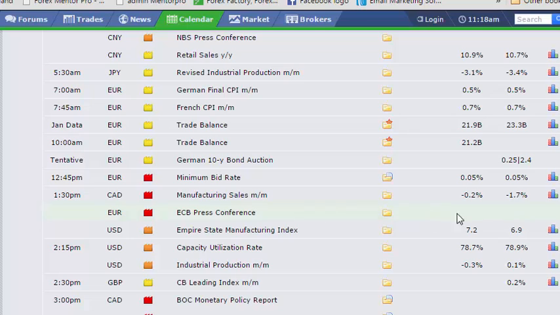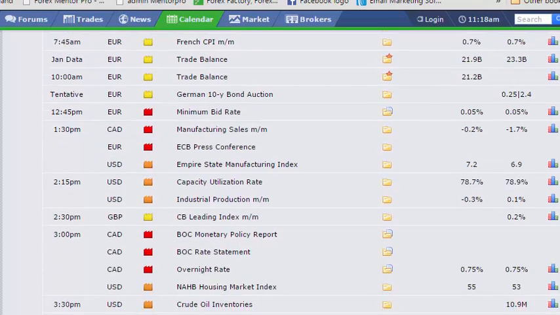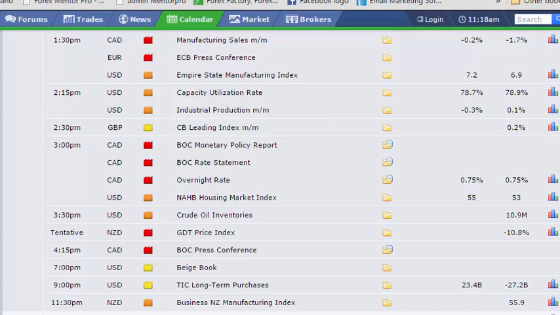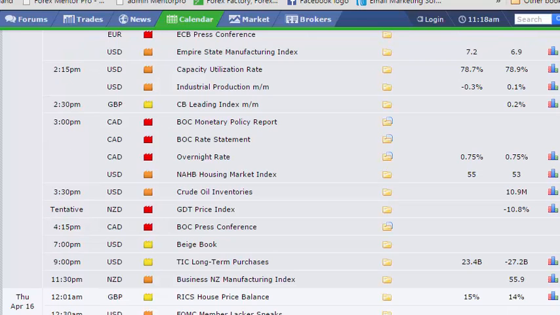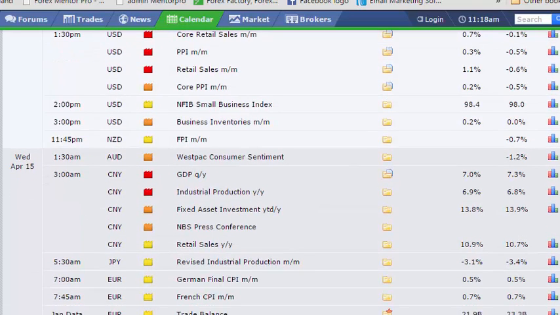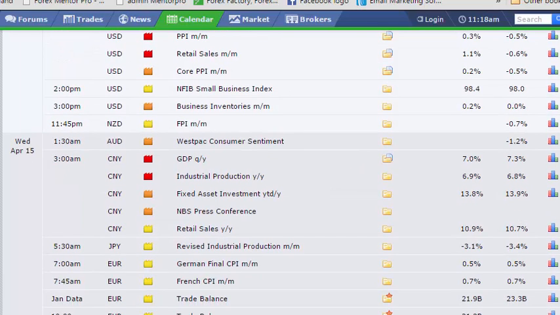And if Draghi was to say anything positive about it, that it's working, etc., then it may give a mini boost to the euro temporarily. You've also got the CAD news that day. This week we have G20 meetings, we have IMF meetings, so there's a lot going on, but it is tradable.